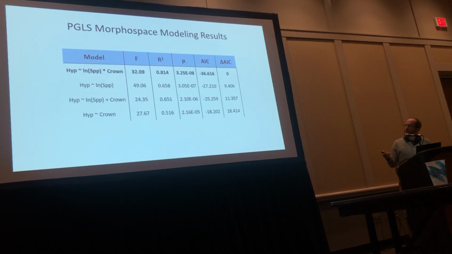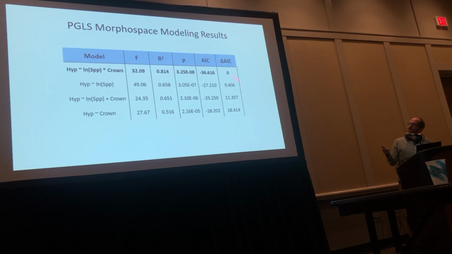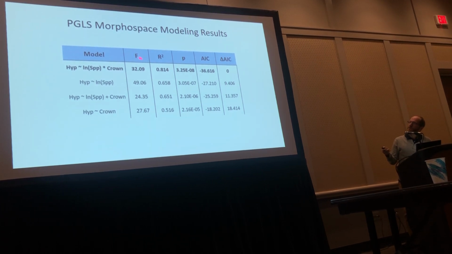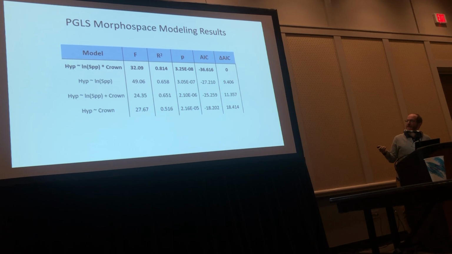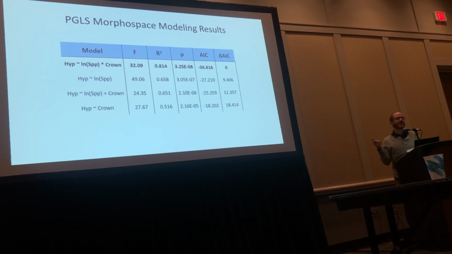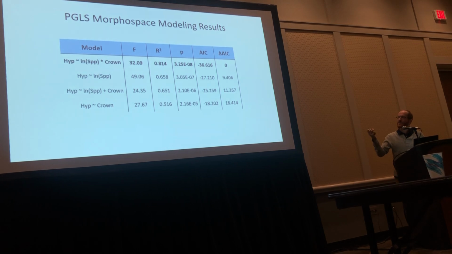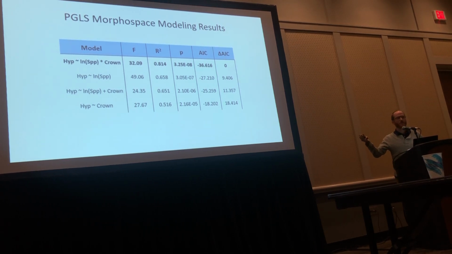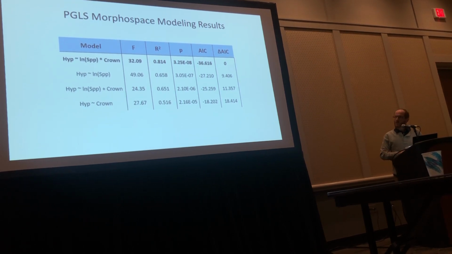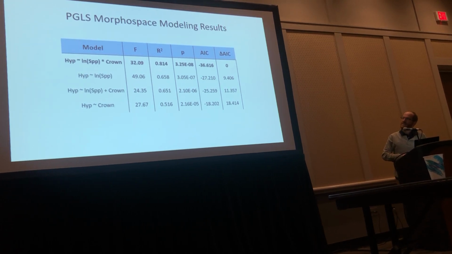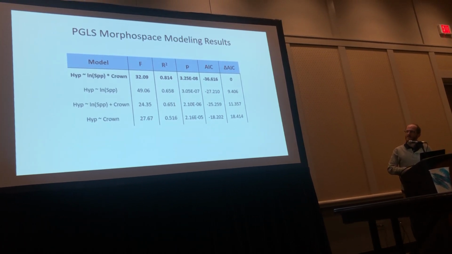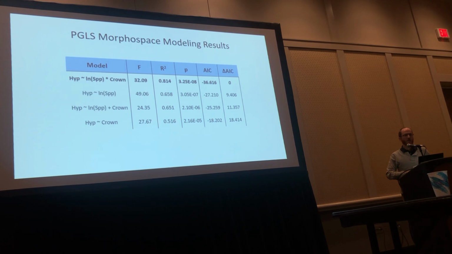And what's really cool is we do get the best supported model determined by AIC has an R squared of 0.8, which is not that bad, and it does have crown age and species richness as co-predictors with an interaction, i.e. the total length of that tree, or the expected total length of that tree, really closely matching or predicting the morphospace occupation here.